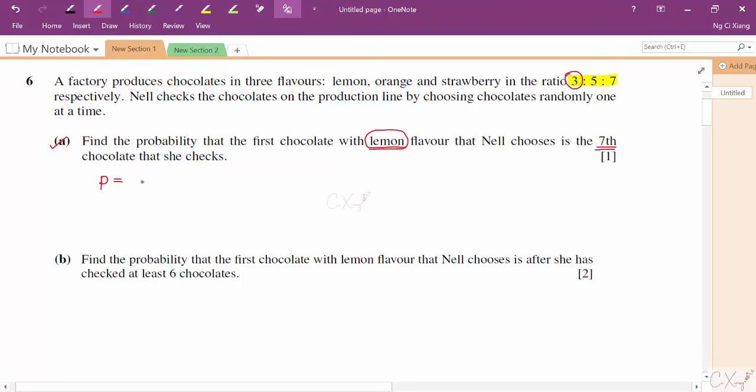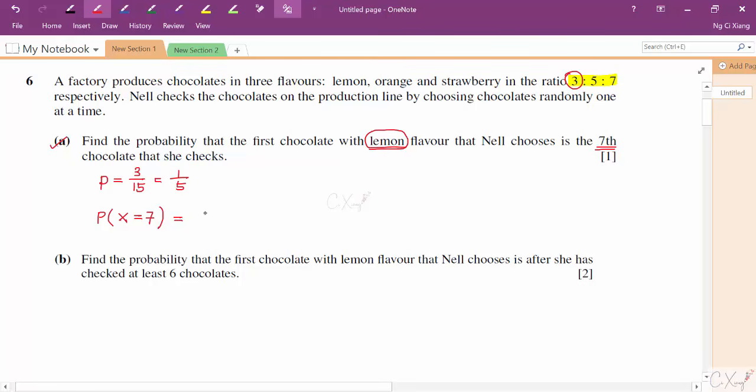So the probability for lemon will be 3 over 15, or you can rewrite it as 1 over 5. The number of chocolates that she checks is the 7th chocolate, which means they want us to calculate the probability when the number of chocolates inspected is equal to 7.